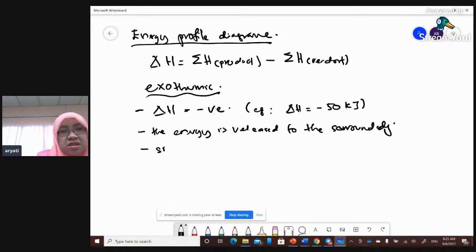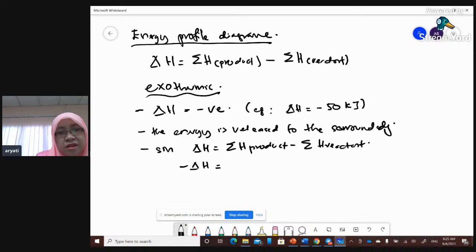So since kamu kira delta H ialah jumlah enthalpy of product minus jumlah enthalpy of reactant, so delta H akan bernilai negatif if jumlah enthalpy of reactant will be larger than jumlah enthalpy of product.